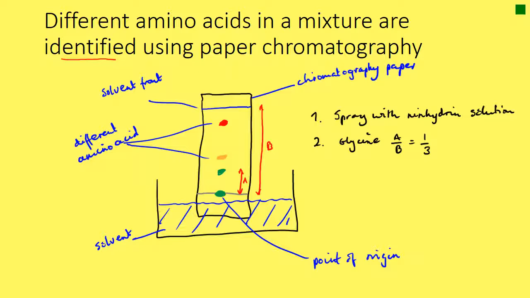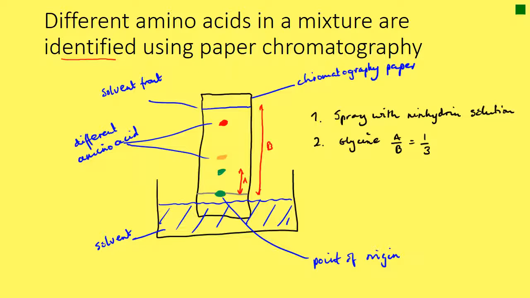And the second thing, in terms of identifying the amino acid, what you would do is, what colour shall I use here? Let's use red. You would measure the distance moved by the amino acid, let's call that A, and you would compare that to the distance moved by the solvent, let's call that B.